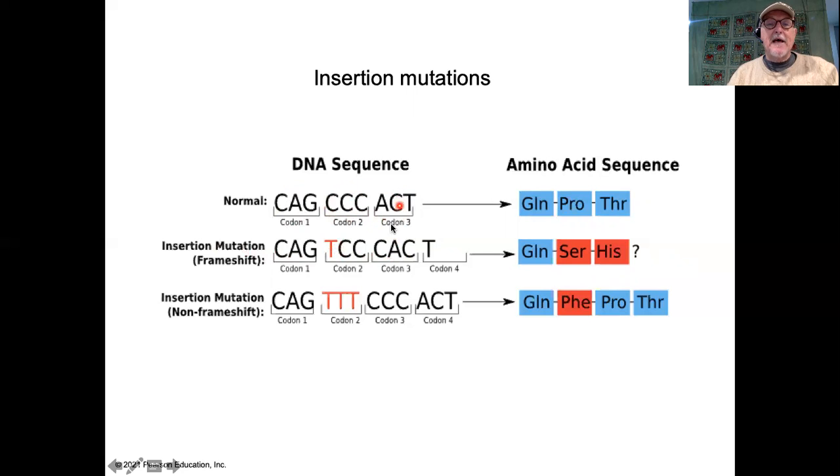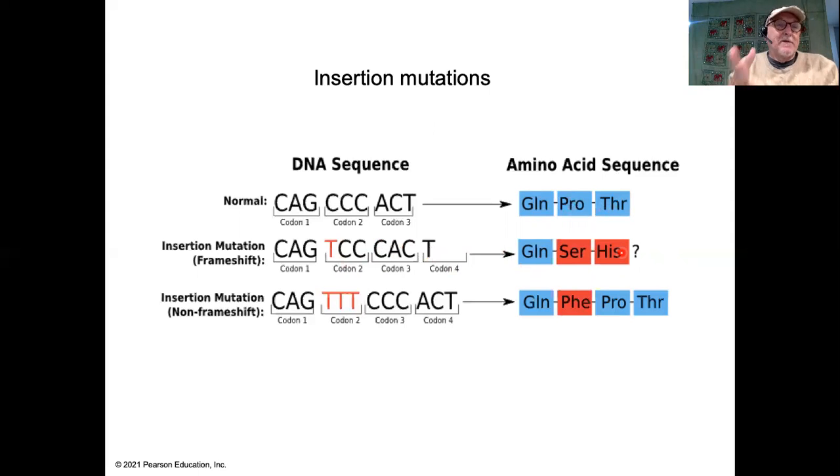There it is there. Now it's here, CAC, a new codon. And in fact, what happens now is that downstream of this insertion, we change the whole sequence. Now instead of proline, threonine, we have serine, histidine, completely different. It's a completely different sequence.